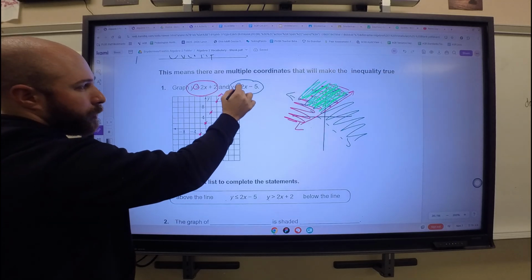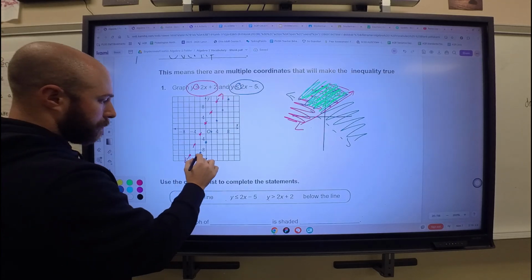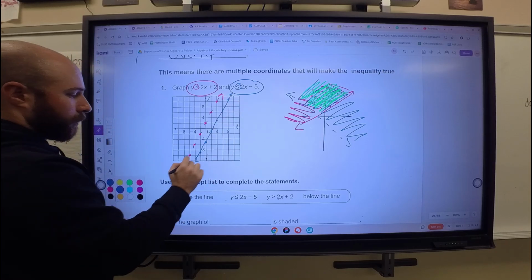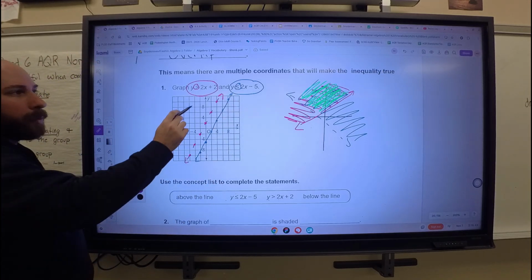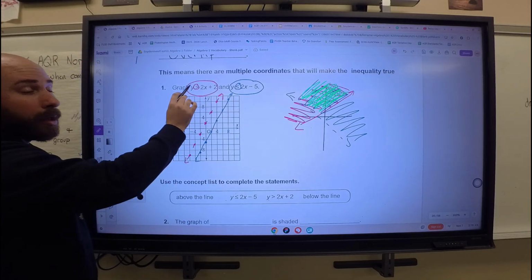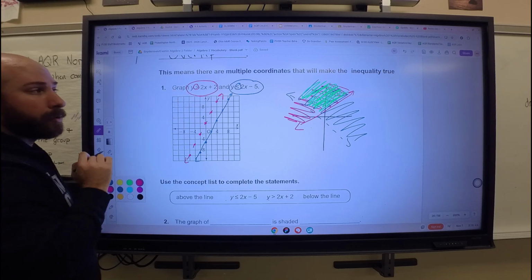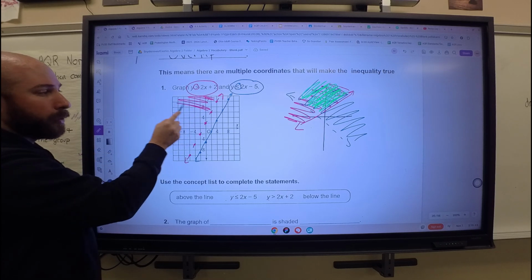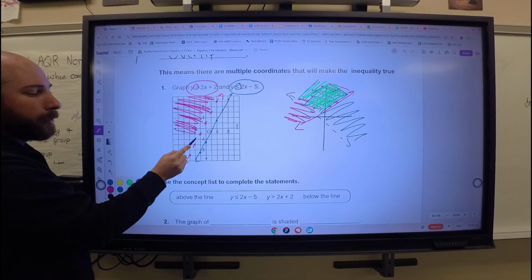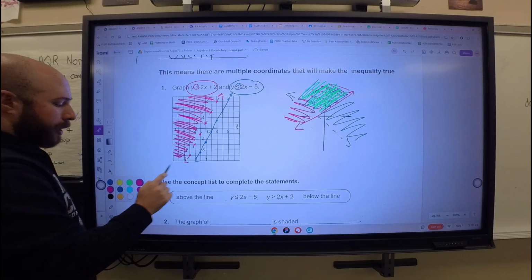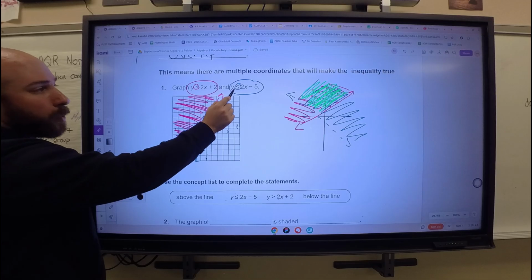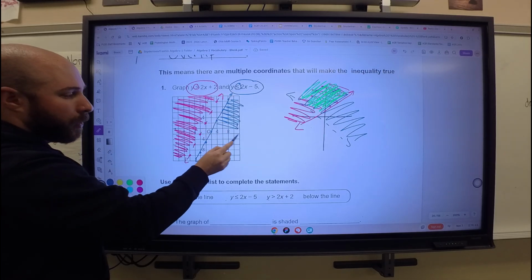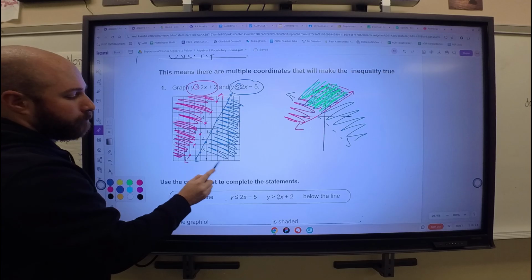And this one is going to be a solid line. Okay. Now, if we look at our shading for our pink line, y is greater than 2x plus 2, that is above the line. So we're going to shade above the line. And if we look at the blue one, it says y is less than or equal to 2x minus 5. That is below the line here.